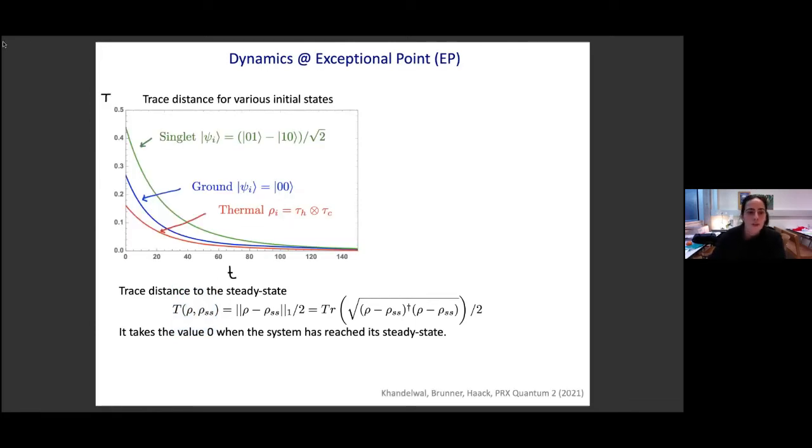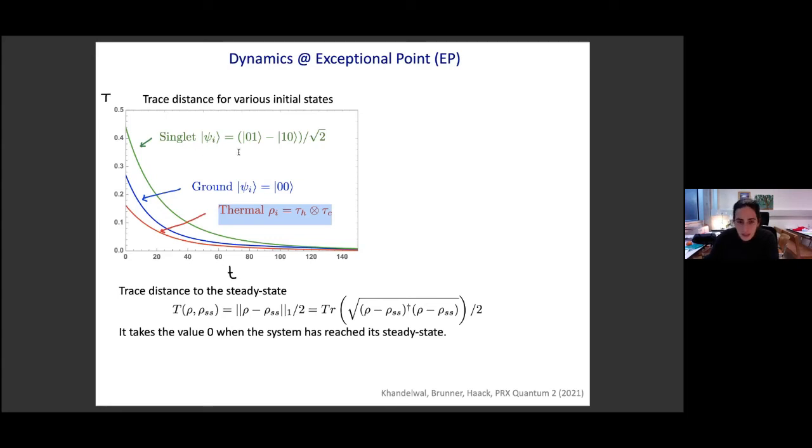Now I show you this trace distance as a function of time for the 2-qubit open quantum system. And I have considered different initial states, because my transient dynamics depends on the initial state. So I took the 2 qubits to be initially in a singlet state, that's a maximally entangled state, the 2 qubits being in the ground state, or the 2 qubits being in a product of thermal states corresponding to the temperature of the 2 baths.